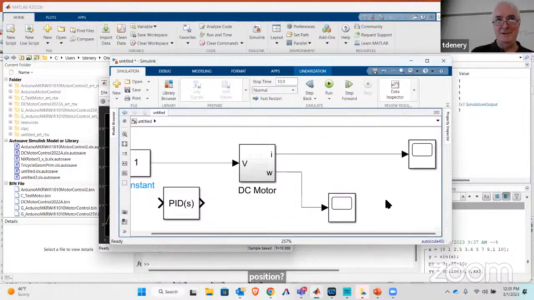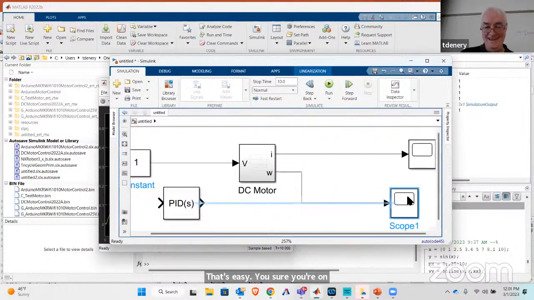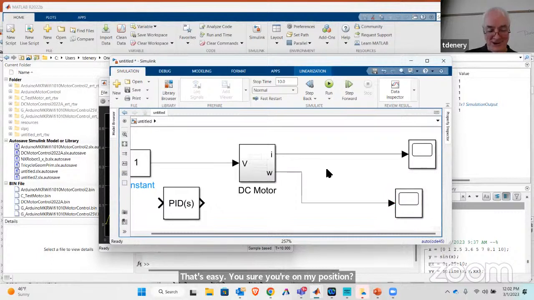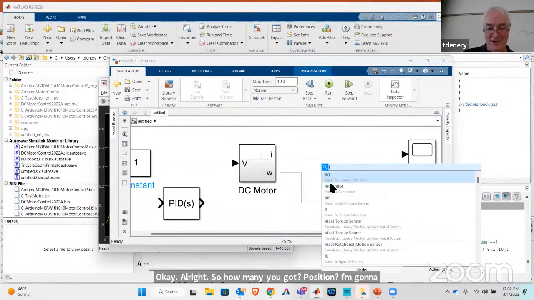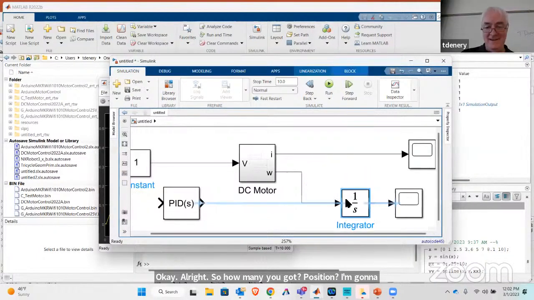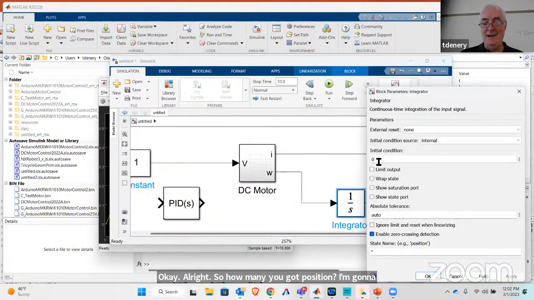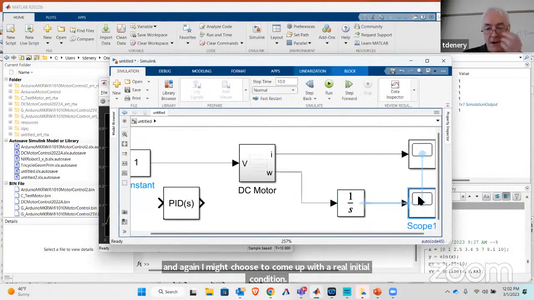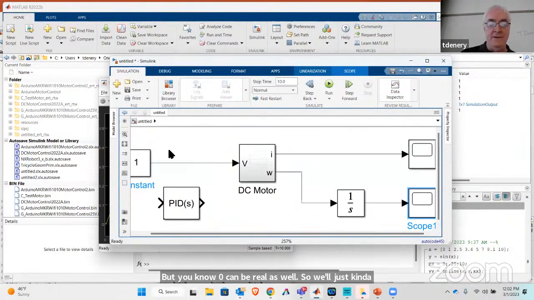You sure you don't want position? Okay. All right. So how am I going to get position? I'm going to put an integrator in. And again, I might choose to come up with a real initial condition, but 0 can be real as well. And so we'll just go with 0. All right. So position has been identified.